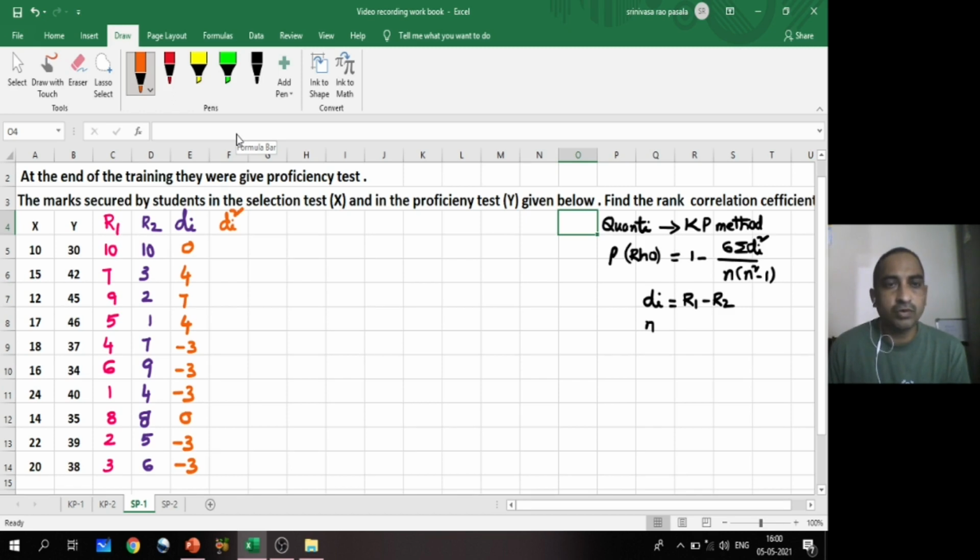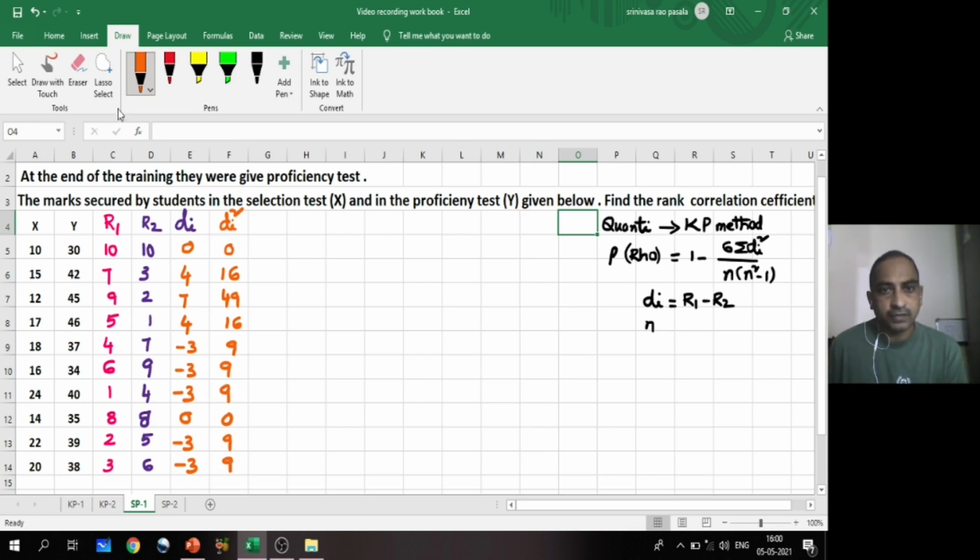There is no need to memorize the table; just remember the formula 1 minus 6 sigma di square. Di square is the square of di. So 0 square is 0, 4 square is 16, 7 square is 49, 4 square is 16. Minus 3 square is minus 3 into minus 3, which is 9, so this is 9, 9, 0, 9, 9.